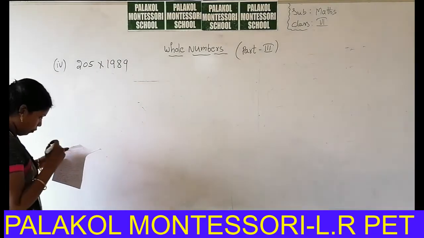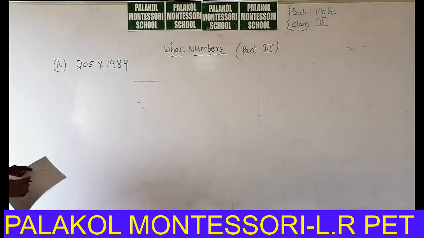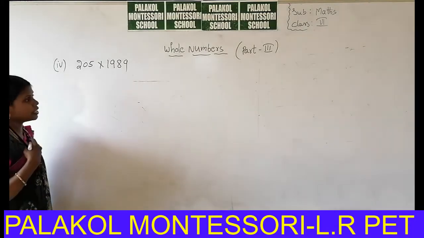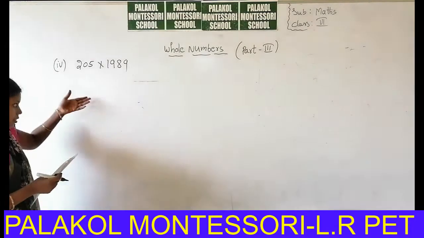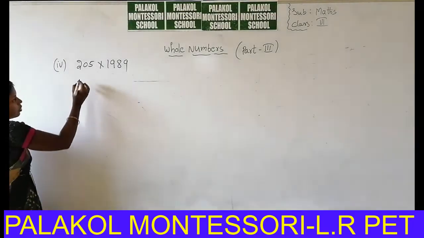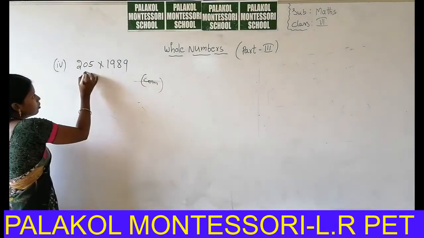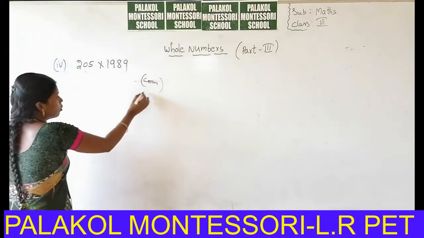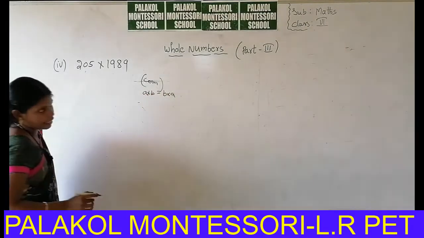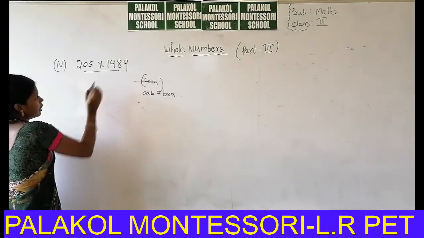So in this case we can use some properties and get the result. In this case I use commutative property. So commutative property we already know: A into B is equal to B into A. So this can be changed.